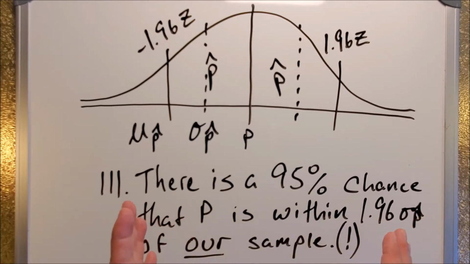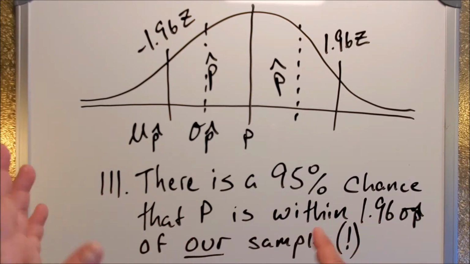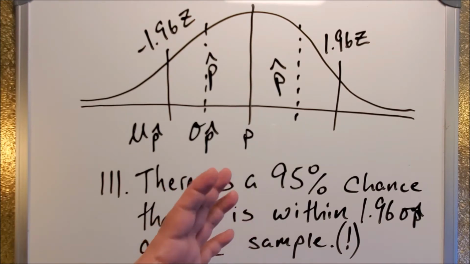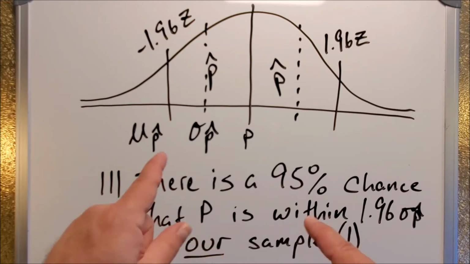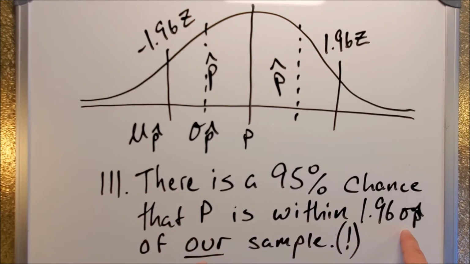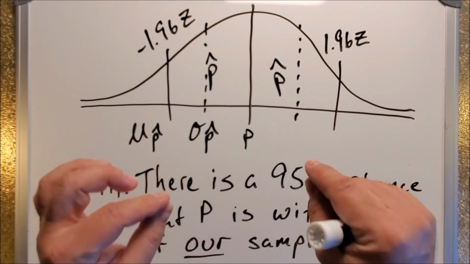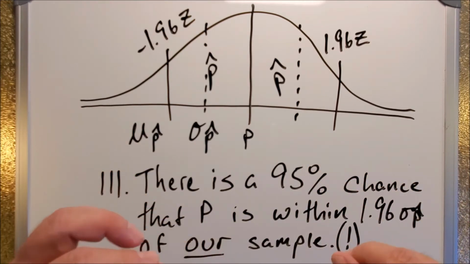So you see, we've done something really important just by utilizing logic and realizing the absolute value signless nature of distances. We've made our sample result a sort of an anchor, a concrete foundation. We say whatever the heck our sample result was, there's a 95% chance that the truth is within 1.96 standard errors of whatever it is that we got. Now, it's true.